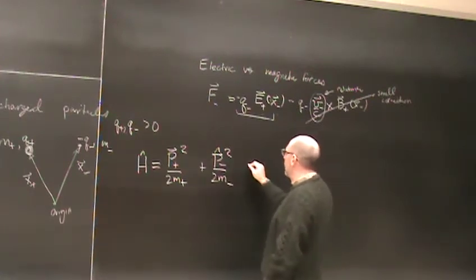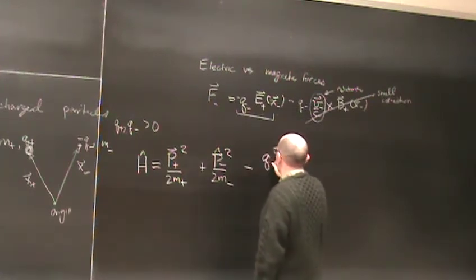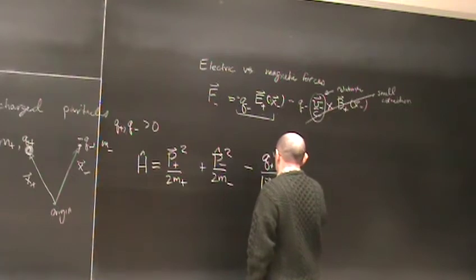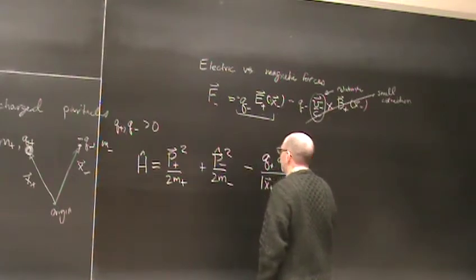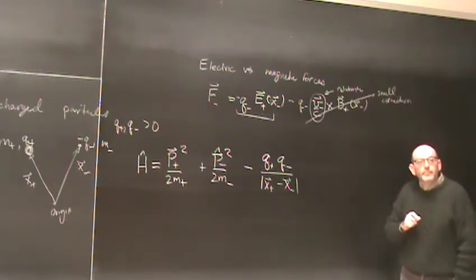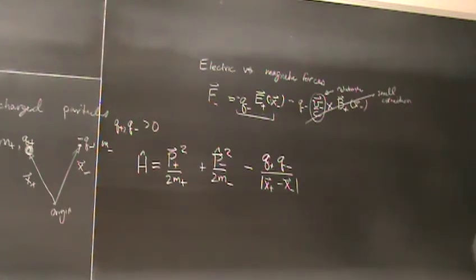And that electrostatic potential is the product of the charges divided by the distance between the charges. Okay? There's a 1/4 pi epsilon naught if you're so inclined. Okay? So that's our Hamiltonian approximately, ignoring any magnetic effects, the relativistic corrections to the problem.